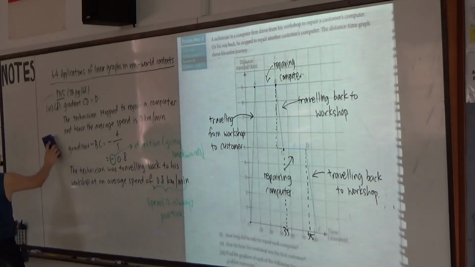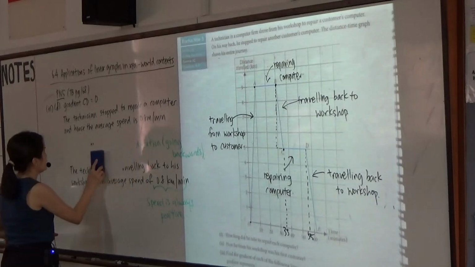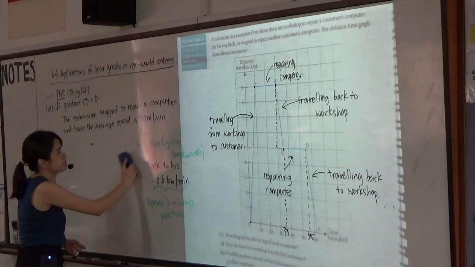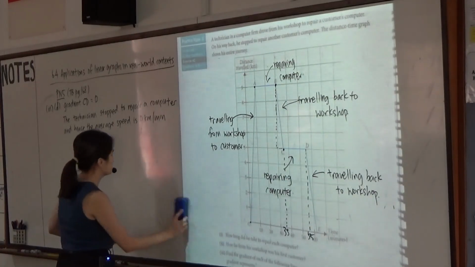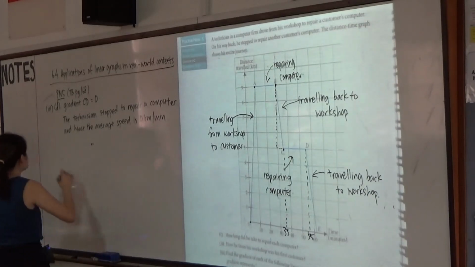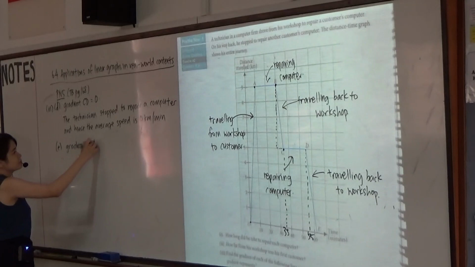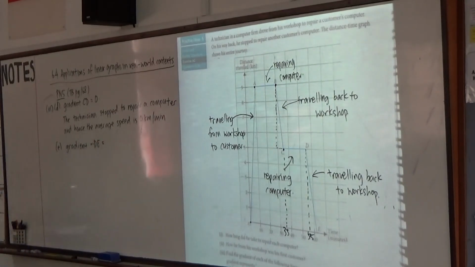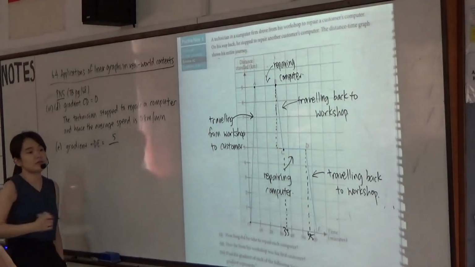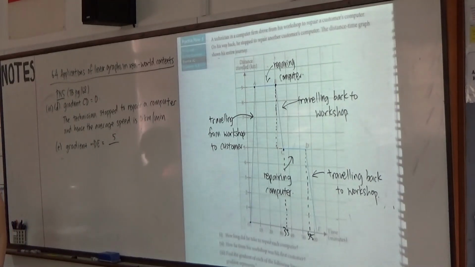We're looking at the line DE. Yes. The rise is 5 and the run is, sorry, 5.